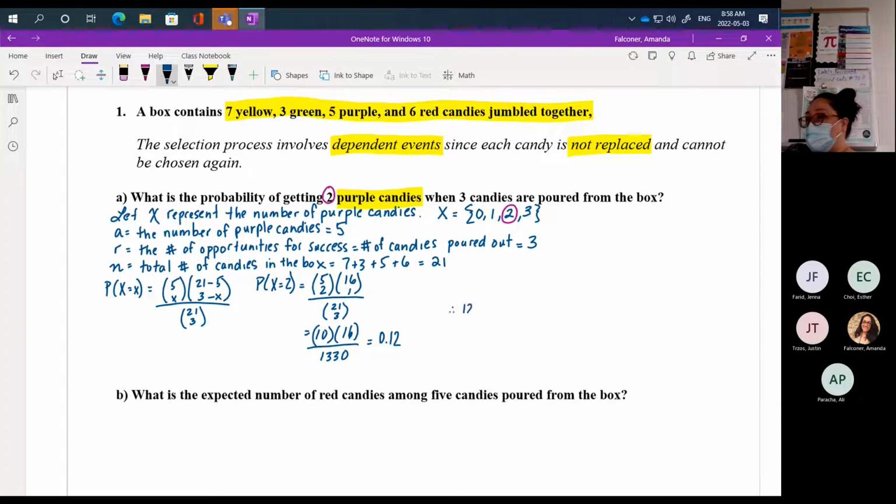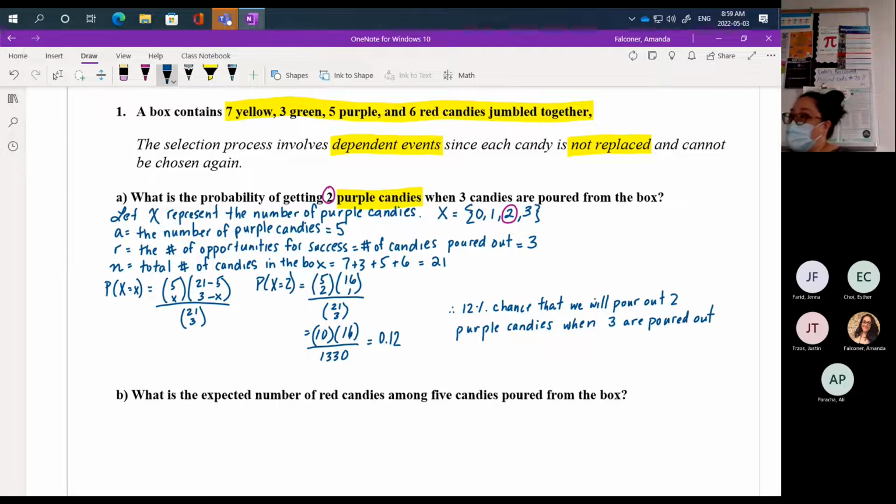So therefore, there's a 12% chance that we will pour out 2 purple candies when 3 are poured out.